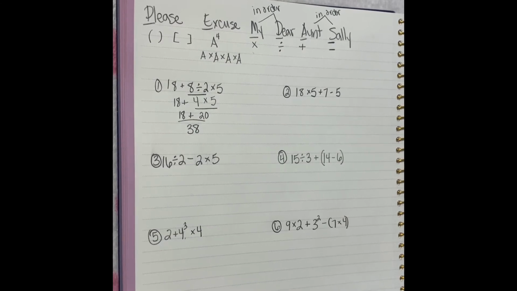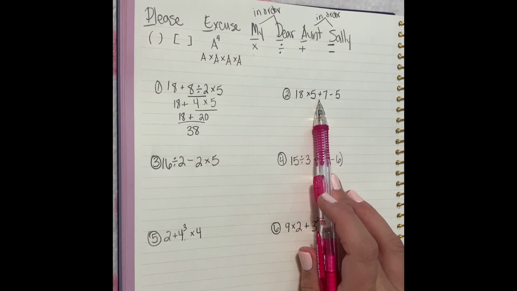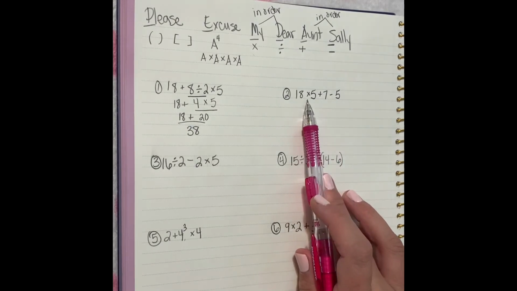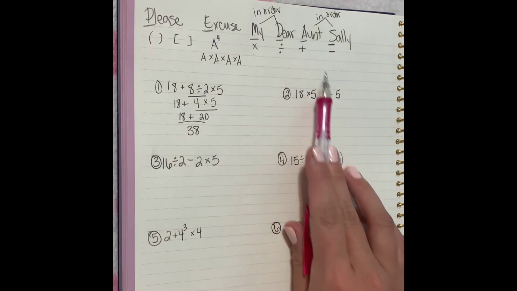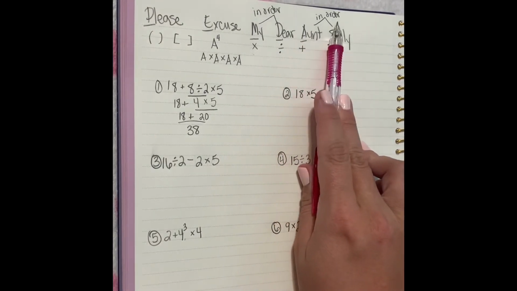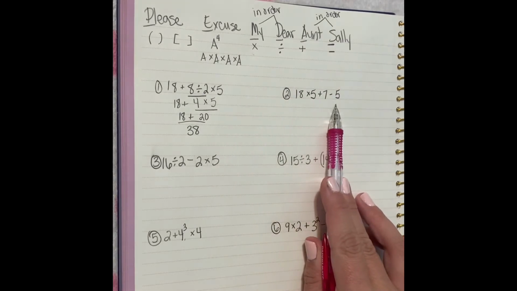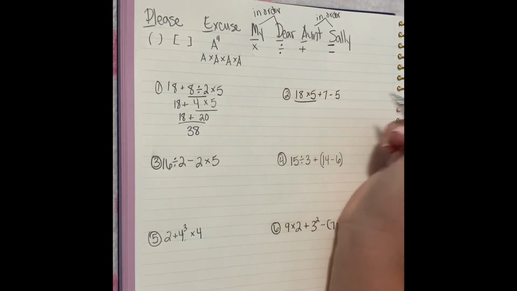Okay, let's do the next one. We have multiplication, addition, and subtraction. How about that? Those are actually in order. Multiplication comes first, addition next, and subtraction. But remember, addition and subtraction is in the order they occur. It just happened to fall in the order we have it written this time. All right, so I'm going to underline what I'll do first. 18 times 5.